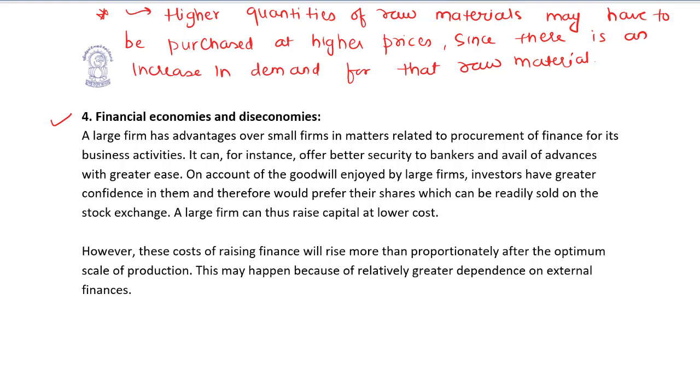It may also happen that the public wants to invest in shares, so the larger firms can offer shares on the stock exchange, and people know that whenever they want to sell the shares, it could be readily sold on the stock exchange at any point of time. So it is very easy for the large firms to raise money at a very lower cost as compared to small firms. I believe you understood.